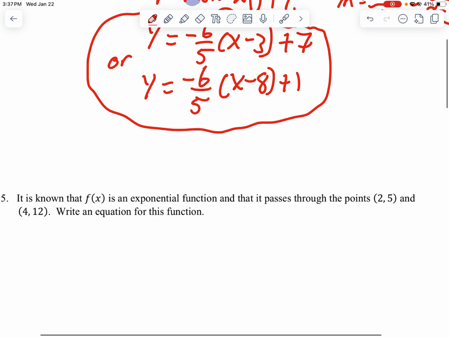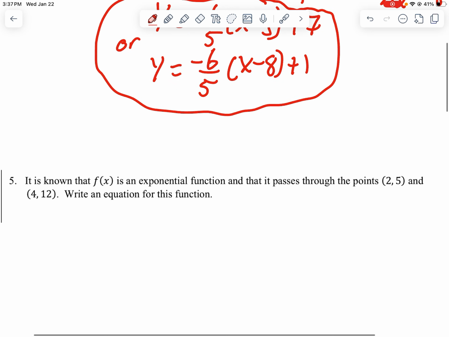Again, that one was not too hard. Probably the hardest one would be this. They tell you it's an exponential function, and they give you two points. They want you to write an equation for this function. Well, we know that exponentials are y equals a times b to the x. So we have to figure out what the base is.